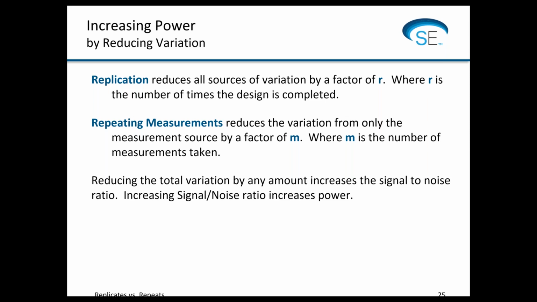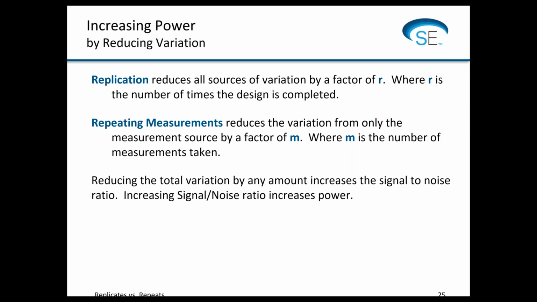When you do one run and you measure twice, well, you're not reducing the variation of setting the factors because you only set them once, but you are then still reducing the variation of measurement, assuming you do independent measurements, by a factor of M, where M is the number of measurements taken.